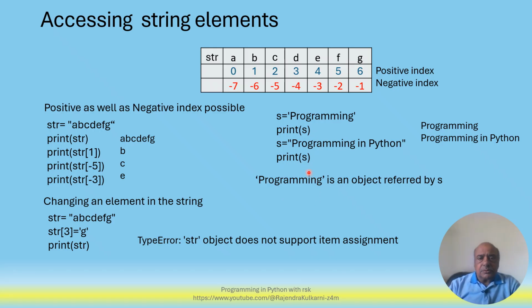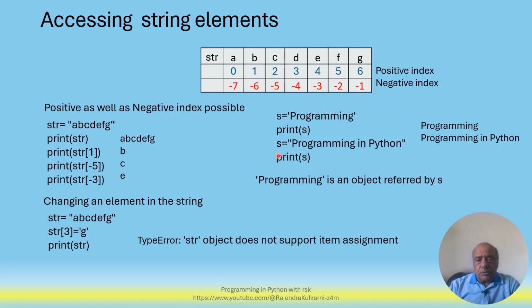because in the first case the object programming is being referred to by s. In the second, when we assign programming in Python as a second value, the object programming in Python now starts being referred to by s, but what s was referring to earlier is destroyed.